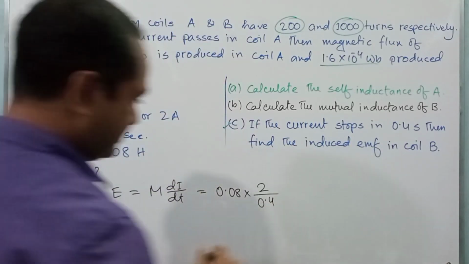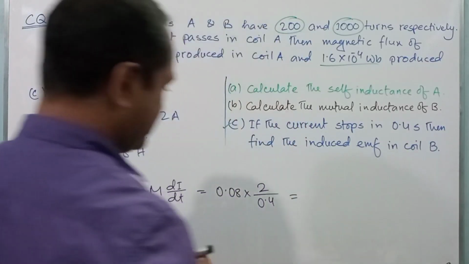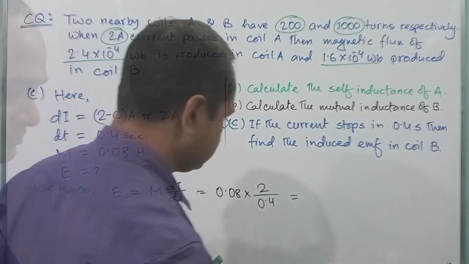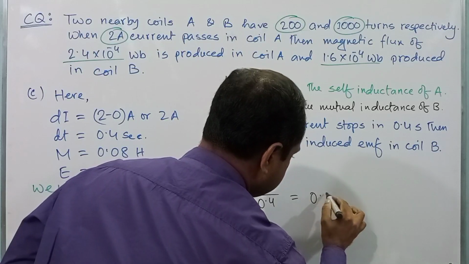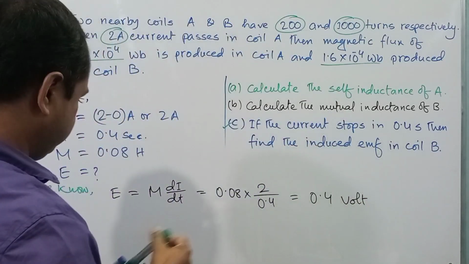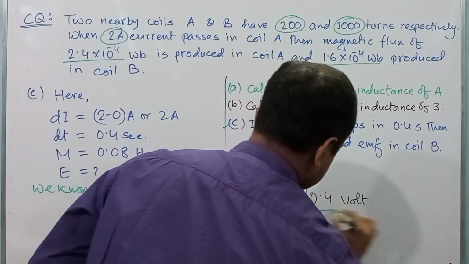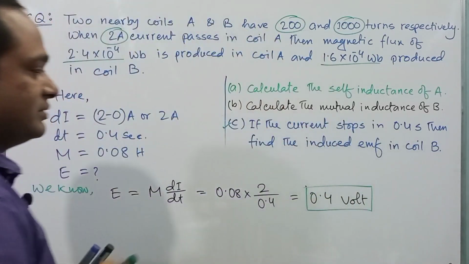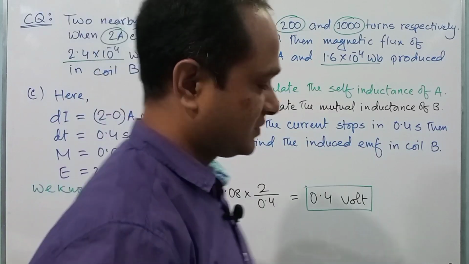After the calculation you will get 0.4 volt. This is the induced EMF in coil B.